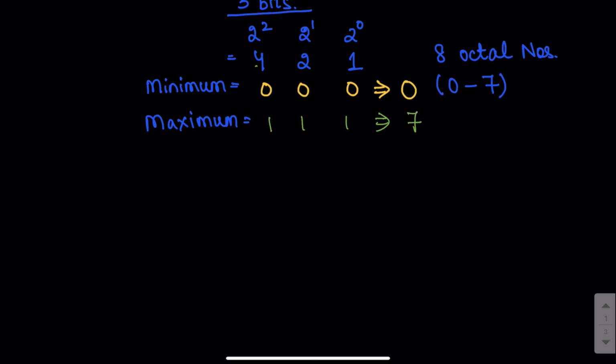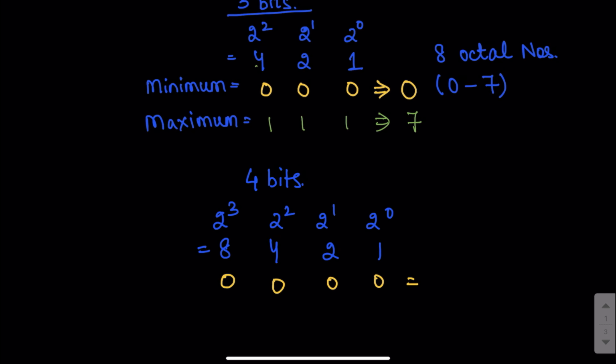Similarly, if you use 4 bits, then you will have 2 to the power 2, 2 to the power 1, 2 to the power 0 and 2 to the power 3. This is 8, 4, 2, 1. And now you can represent the minimum number, that is all zeros, so this is 0 only.